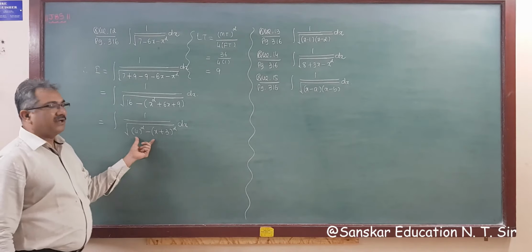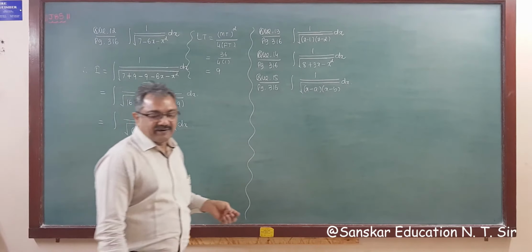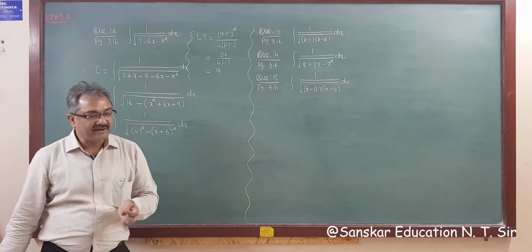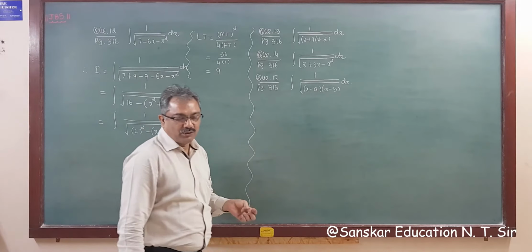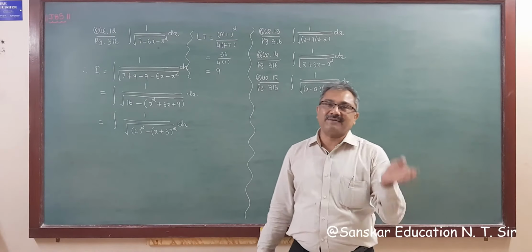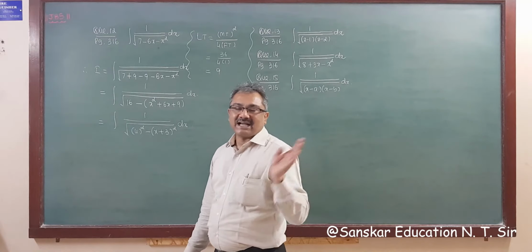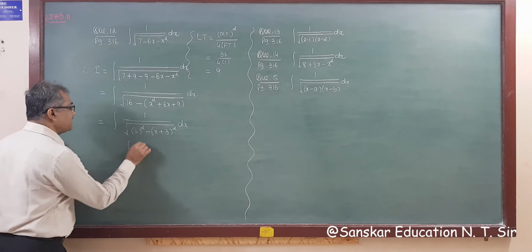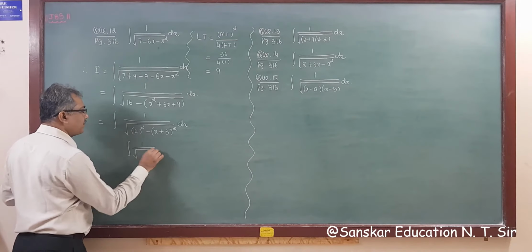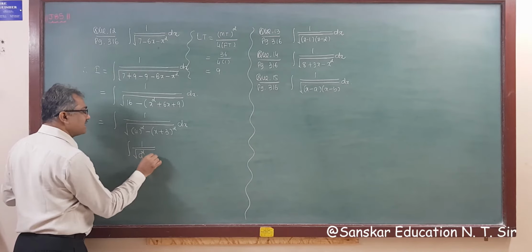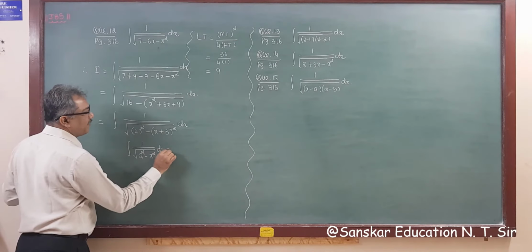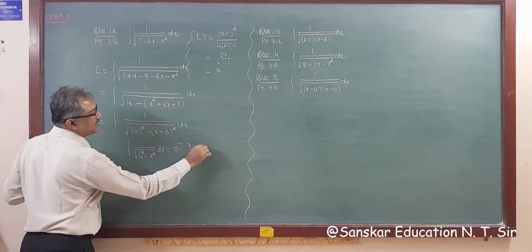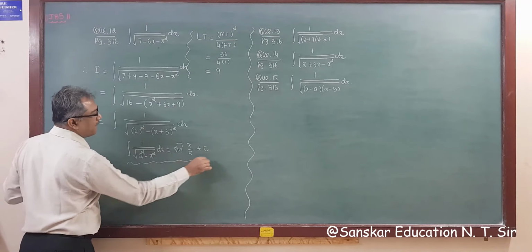So this is the formula for 1 upon under root a square minus x square. And you know, formula for this is sine inverse x by a plus c, right? So integration 1 upon square root of a square minus x square dx, formula is sine inverse x by a plus c.